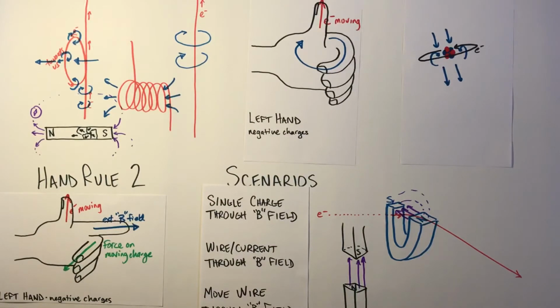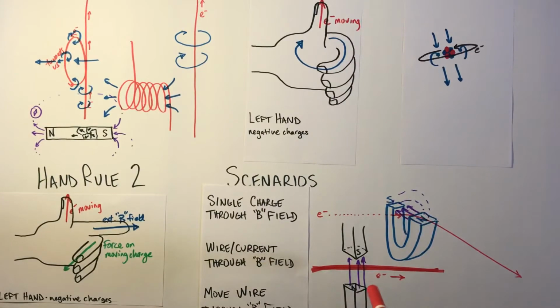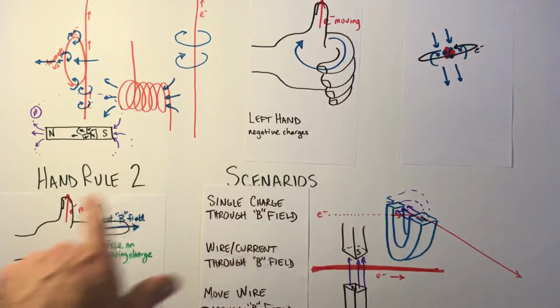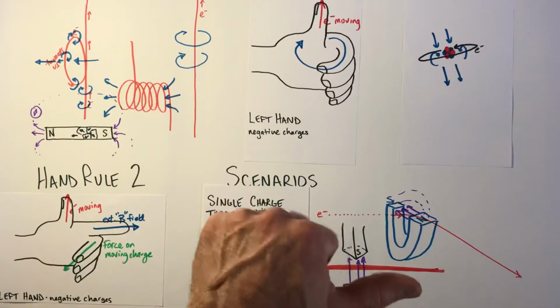Now let's say that there's a wire that passes right through the center of here, and that wire is carrying electrons moving in this direction. According to hand rule 1, those electrons would have a magnetic field surrounding it. According to hand rule 2, that would cause a force on those moving charges, even though they're in the wire. Hand rule 2, thumb goes in the direction of the electrons.